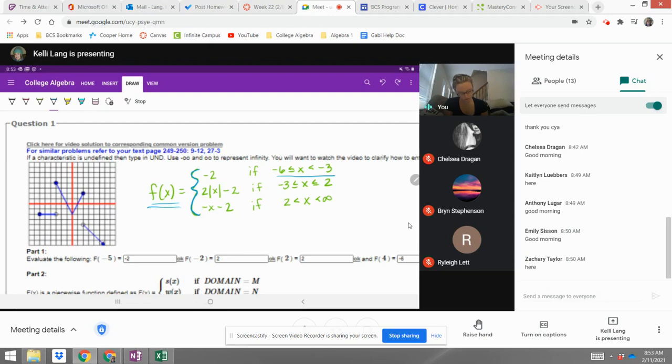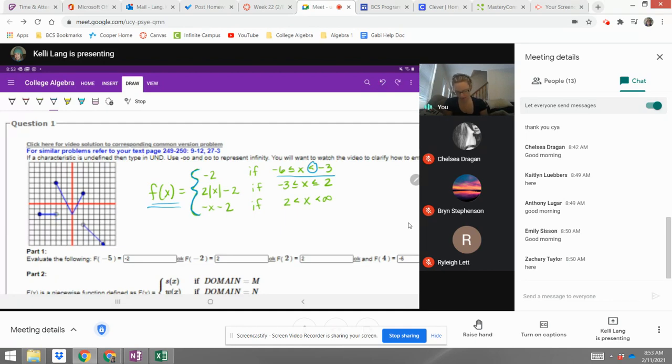Now, I want you to also pay attention to these symbols. If the symbol in our domain is a less than or equal to symbol, we're going to have a filled in dot. That's where that's going to be included in our domain. On the other hand, if you just have a less than symbol with no equal to component, you're going to have an open dot, and that would not be included there.